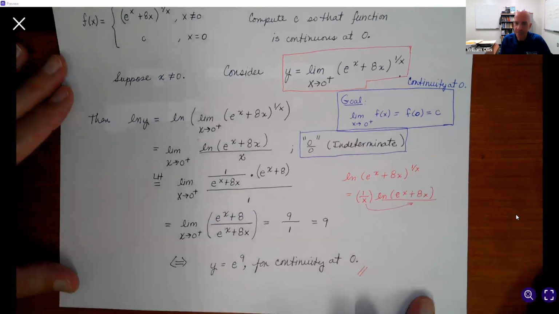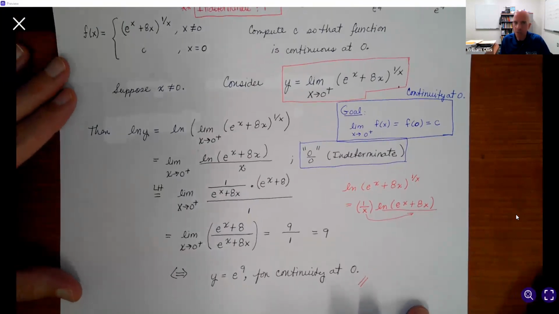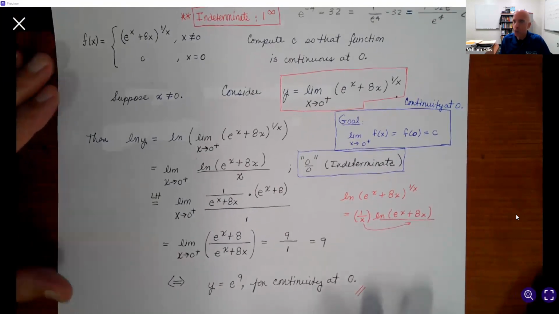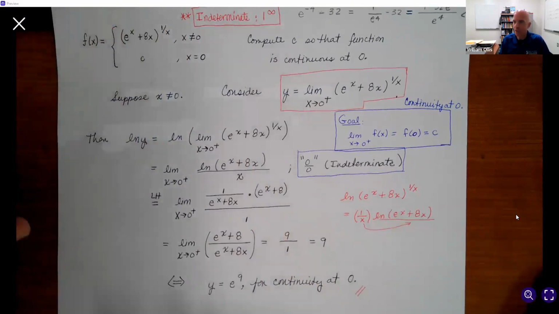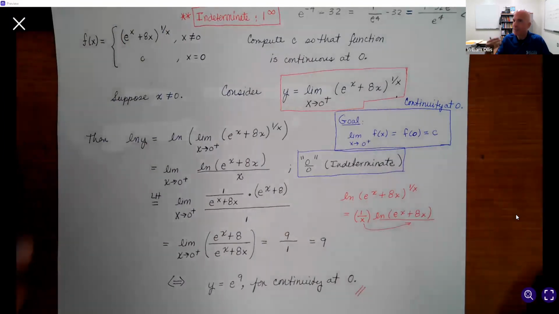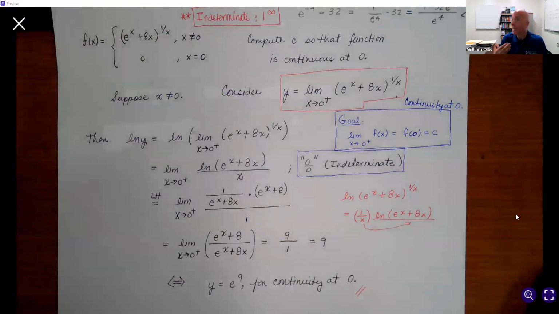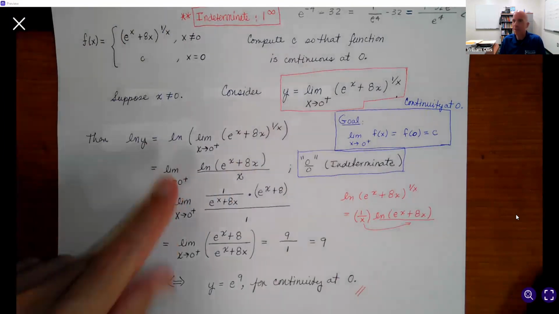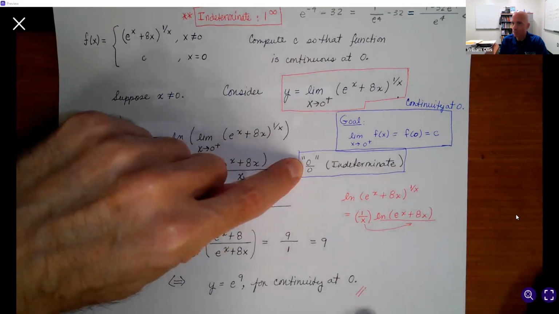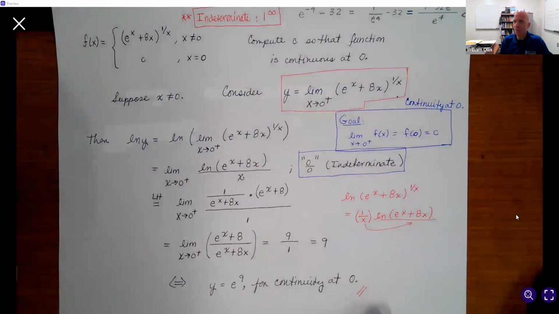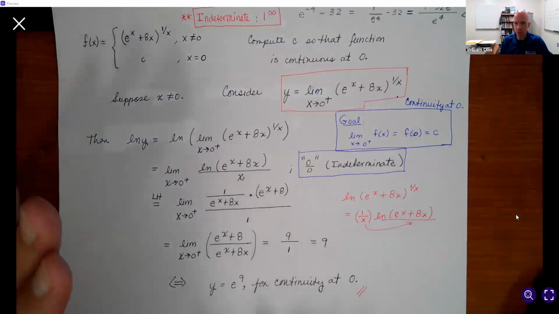So take this example as a very useful strategy for taking power functions and rewriting them using the what? Natural logarithm to rewrite them to satisfy the indeterminate form. Again, this is such a popular technique. You will see this many, many times over.